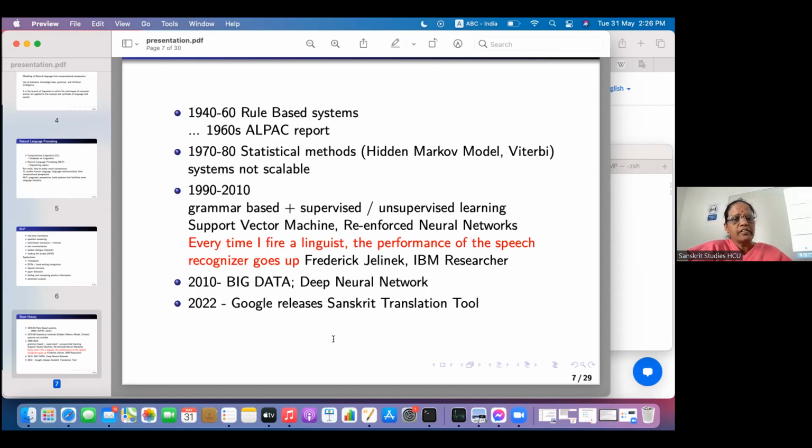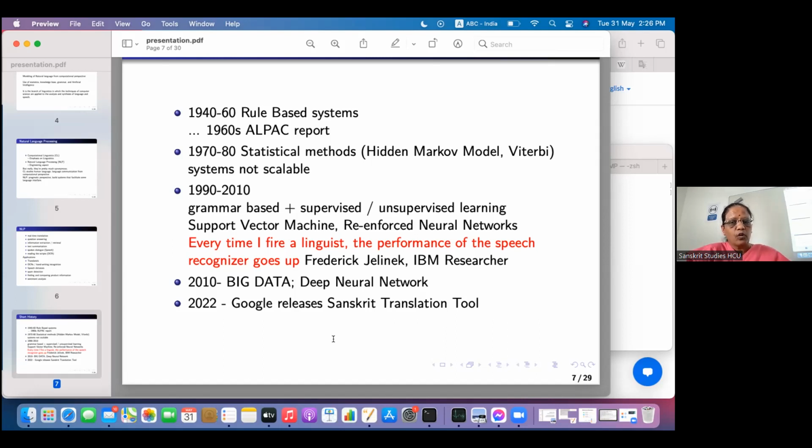And during the 70s and 80s, there was some emphasis on using statistics. Till that time, only linguistic approaches were being used. Various linguistic formalisms were used for modeling the languages, etc. But then in the 70s, there was some emphasis on statistical methods.